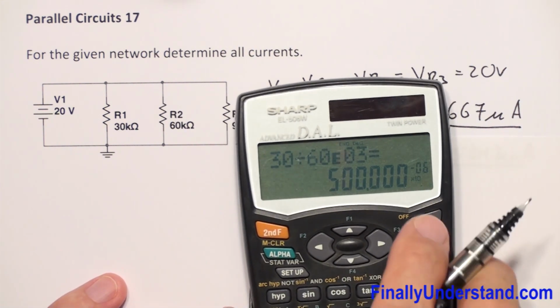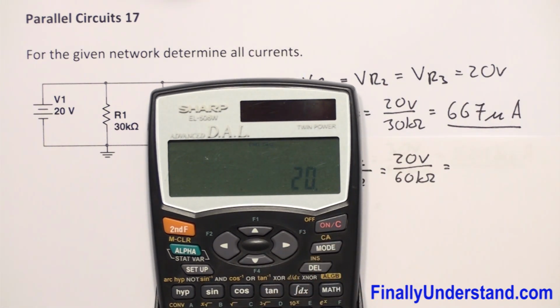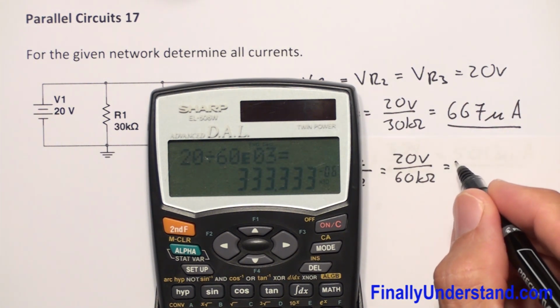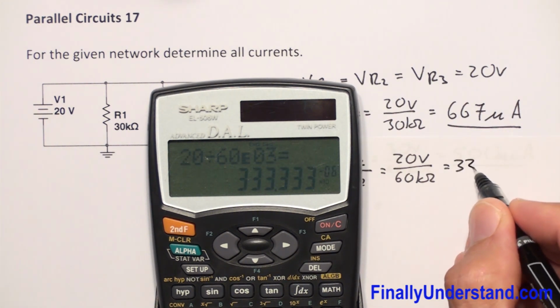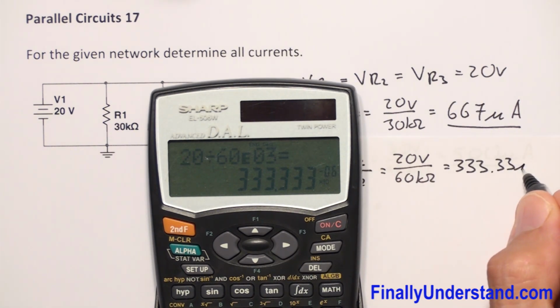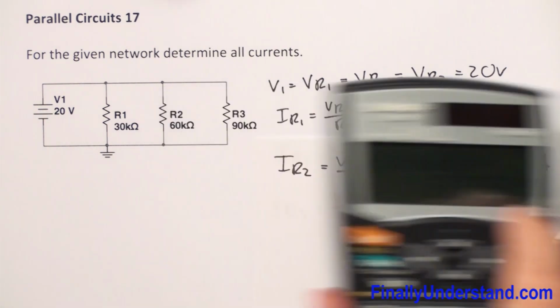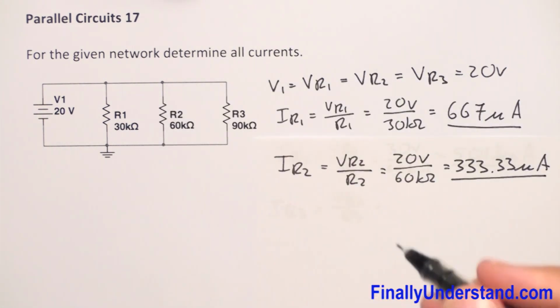Again, we are going to practice the calculator. So we have 20 divided by 60 exponent 3. This is equal to 333.33 microamps. So this is the current which will flow through the resistor R2.